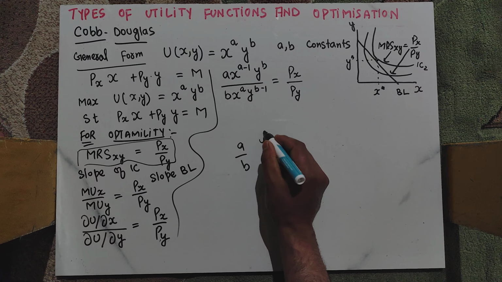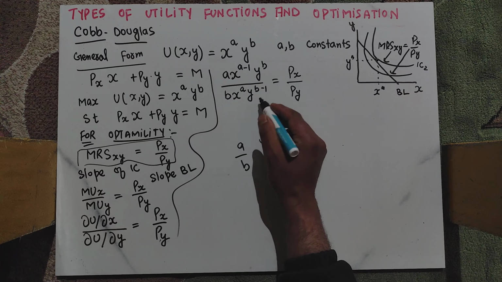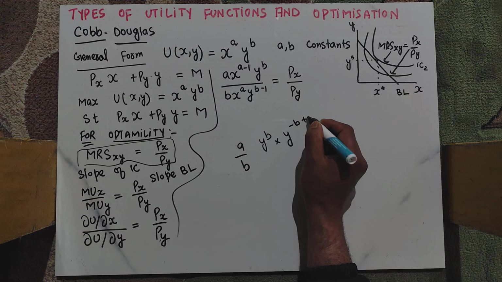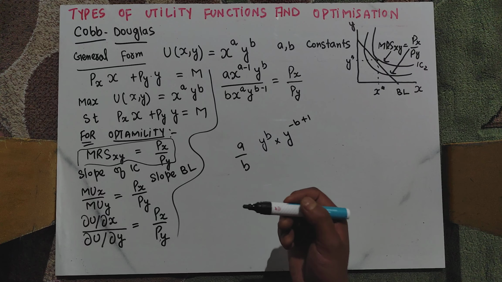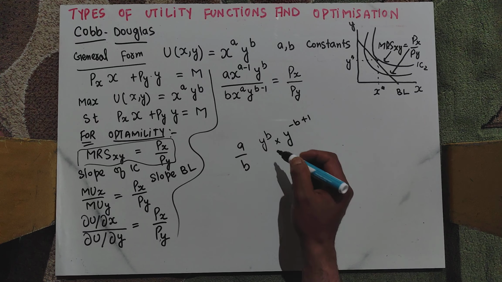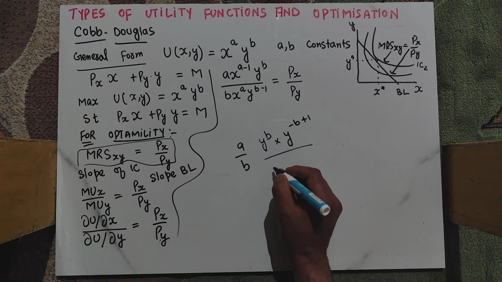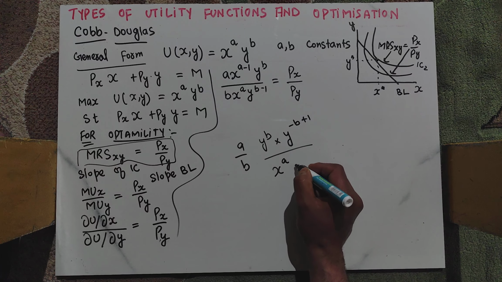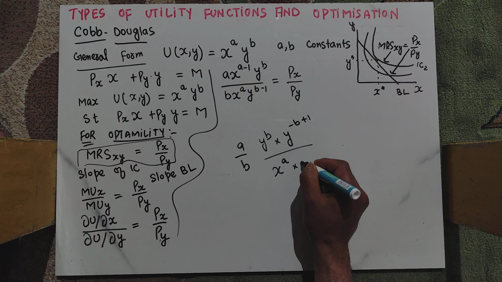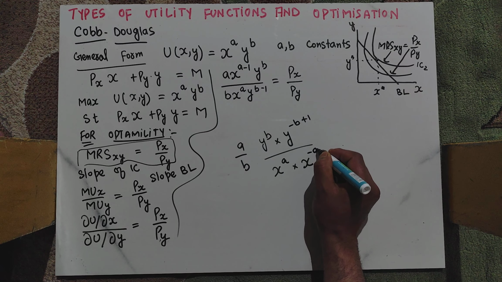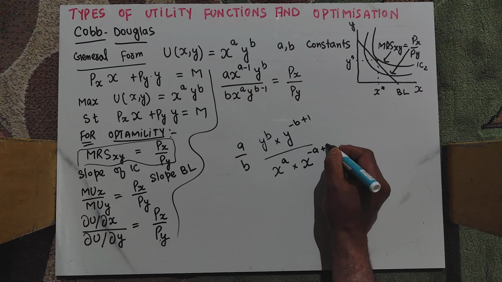So we have y raised to the power b first here, and when we transpose it here, it will become y raised to the power minus b plus 1, because when we transpose denominator to numerator or vice versa, the exponent sign changes. Likewise, we have x to the power a here. If I transpose this x to the power a minus 1, it will get multiplied, but its exponent will change. So if we have a, it becomes minus a, minus 1 becomes plus 1.